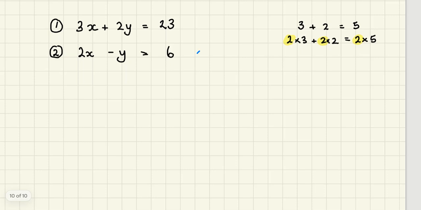I'm actually going to multiply by negative 2. Why am I going to do that? So before you get positive y2. Okay, so if I do that, my number 1 is still 3x plus 2y equals 23.